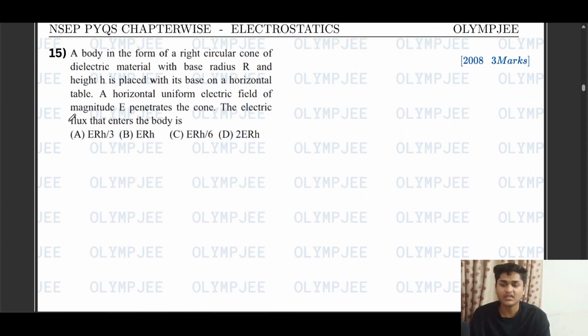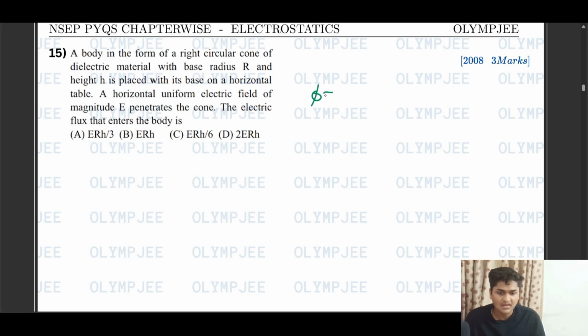So question 15 says a body is in the form of a right circular cone of dielectric material with base radius r and height h, and it is placed on its base on a horizontal table. A horizontal uniform electric field of magnitude E penetrates the cone. The electric flux that enters the body.